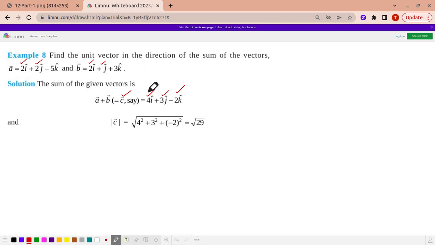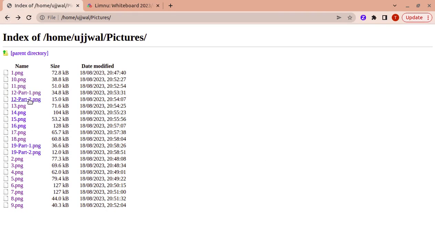So we should divide this vector by square root of 29 and we get the result. Let me bring it here so that it will be absolutely clear.